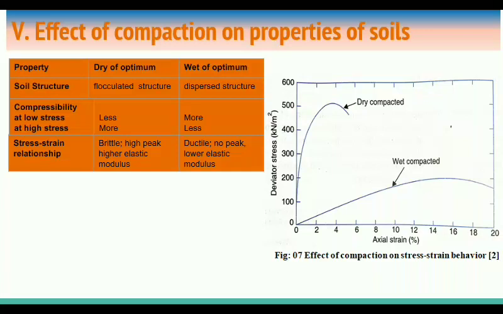This is because on the dry side of optimum the structure is flocculated, and this flocculated structure has a strong bond, so it shows higher stress resistance. But if this bond is broken, then it will fall down. In this figure you can see that for the dry compacted soil, the curve goes on increasing, gives a peak value, and then falls down.